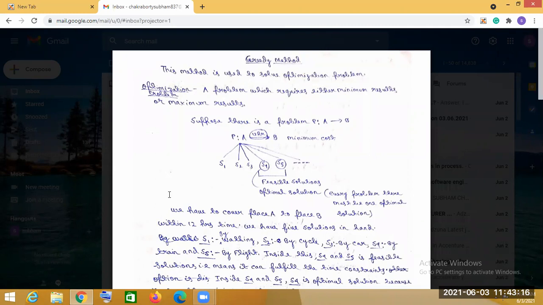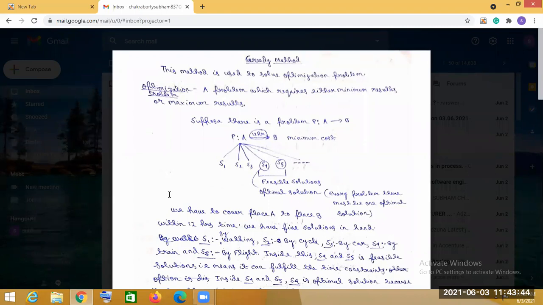A problem which requires either a minimum result or a maximum result. We have said that we get 2 feasible solutions. Now some property is given, that is maximum or minimum. What does an optimization problem say? That problem requires either a minimum result or a maximum result.